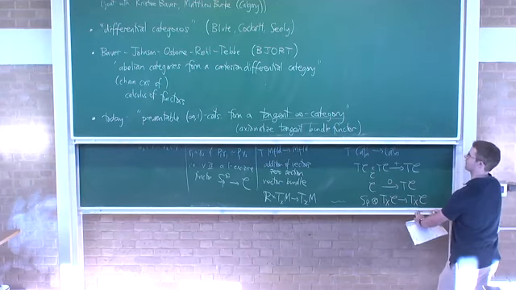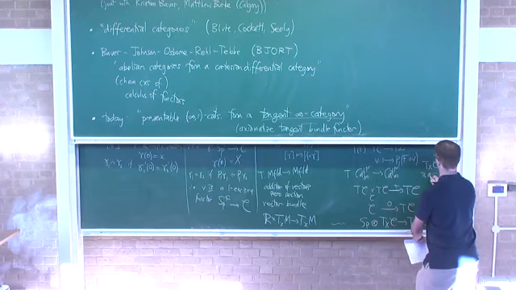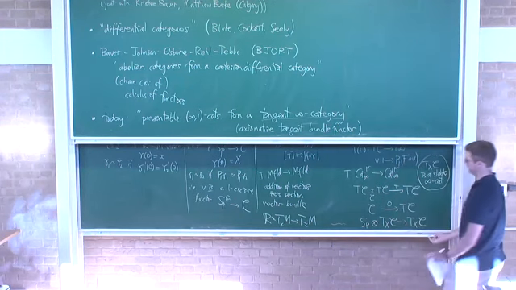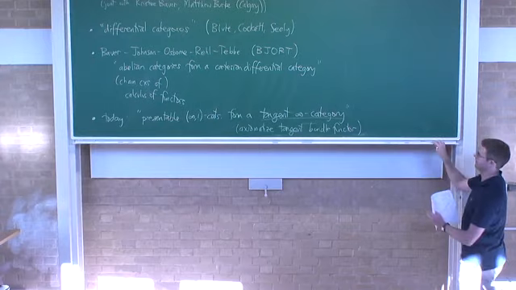So I should say this somewhere else maybe as well. The TXC is a stable infinity category. Is it always a stabilization of the O and other? Yes, exactly.